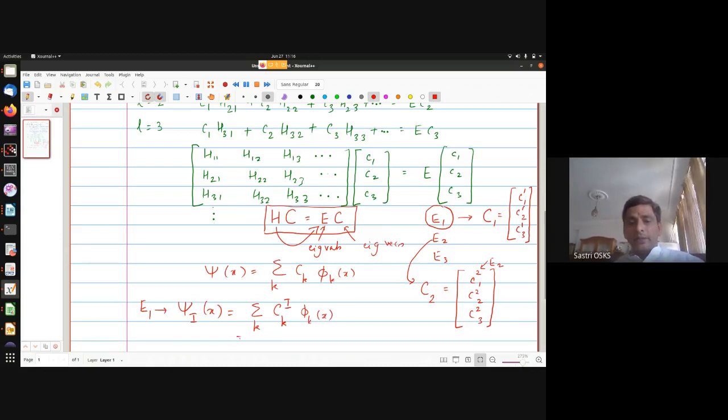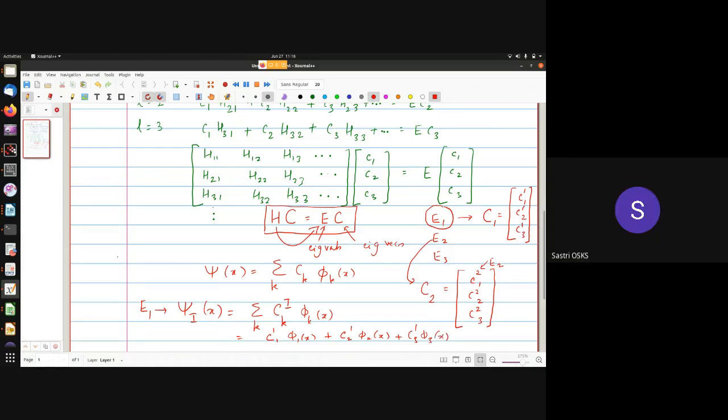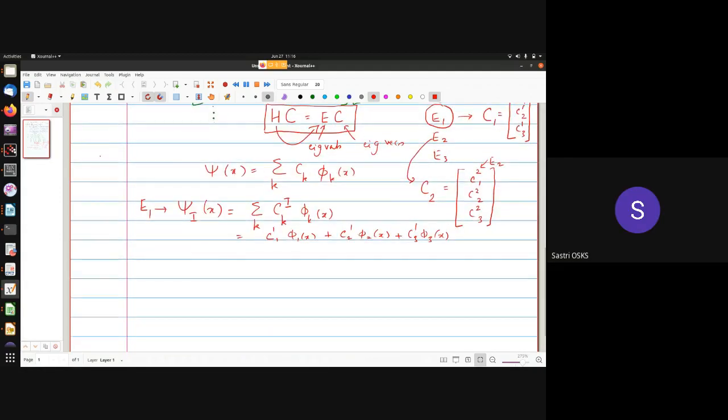So I'll be actually substituting here, for example, C11 into phi1 of x plus C21 into phi2 of x plus C31 into phi3 of x, etc. So that is how I generate the first wave function. This is the wave function corresponding to E1. So these are only eigenvectors. Remember this. Okay. This point I wanted to make clear. Are you all with me till here? Yes. Yes, sir.